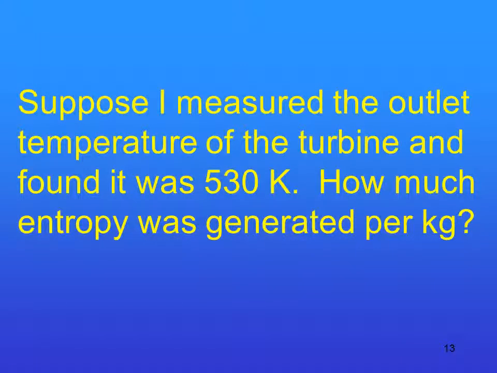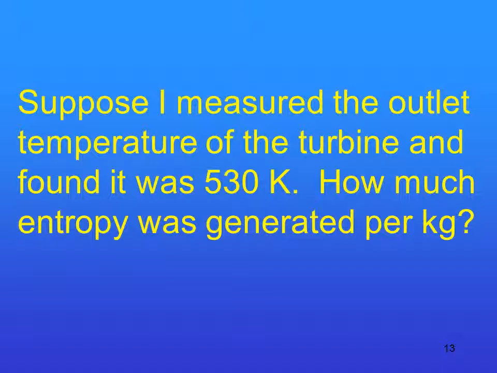Okay, suppose I took that turbine. With the ideal turbine, we found that the outlet temperature was 487. Suppose I measured the temperature of the turbine and found it was really 530. Now suppose it was still very well insulated. How did that happen? Well, what happened was that there was friction. It wasn't truly reversible.